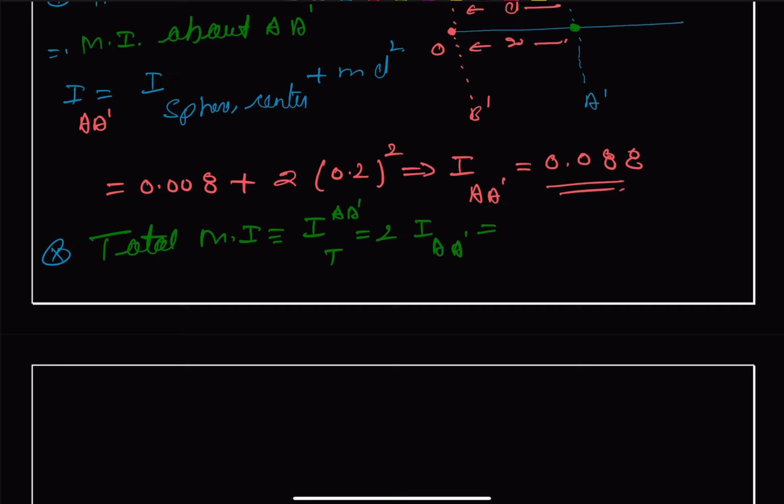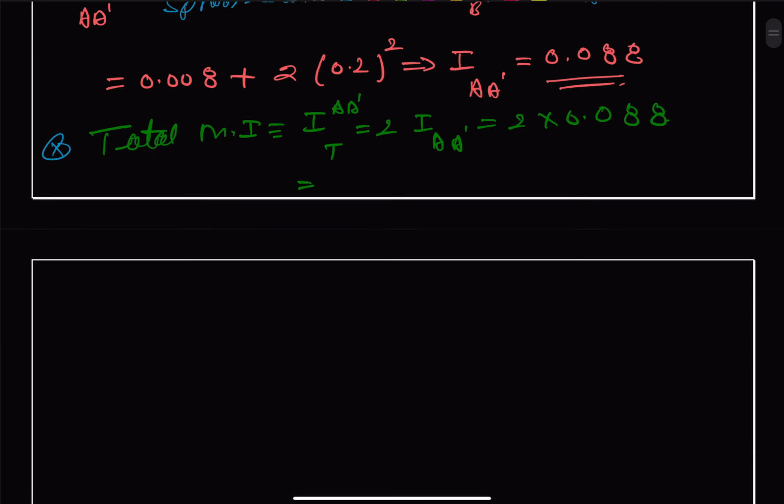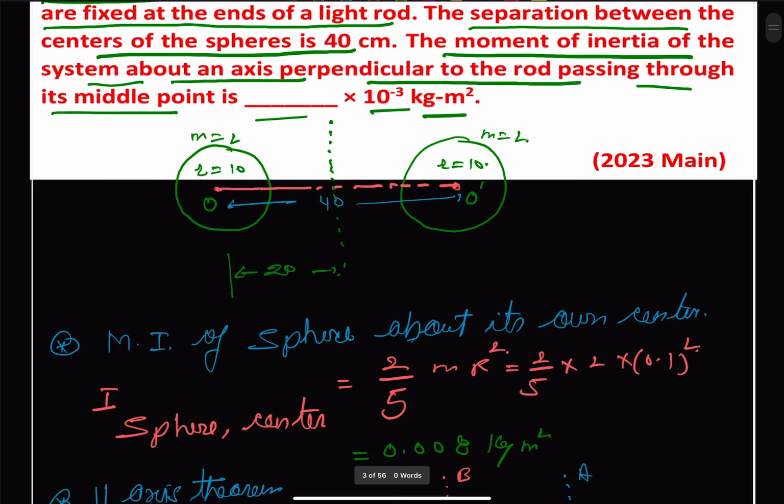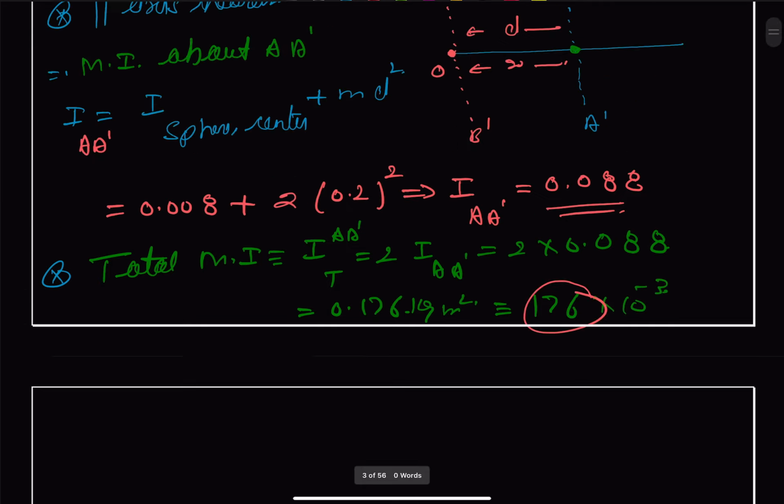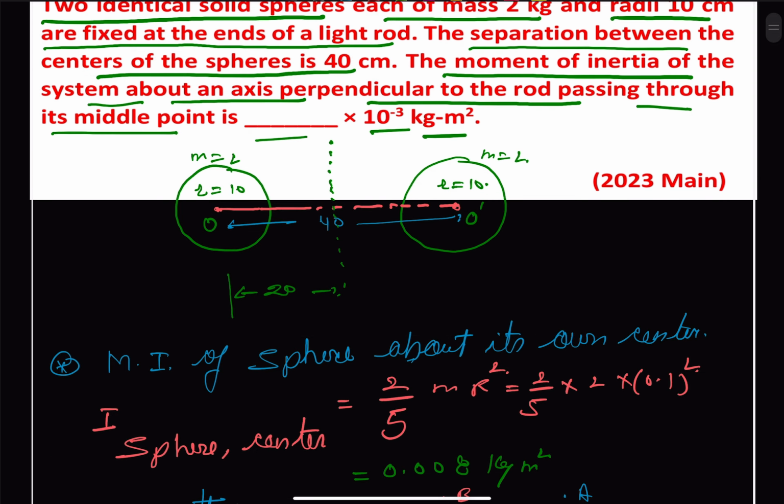So this comes as 2 times 0.088, which is 0.176 kg meter square. This is equal to 176 into 10 to the power minus 3. So therefore the answer is 176.